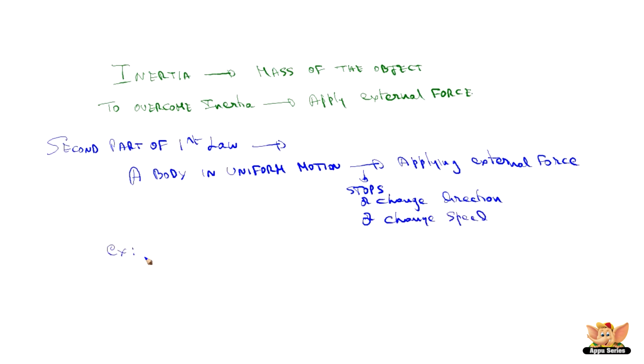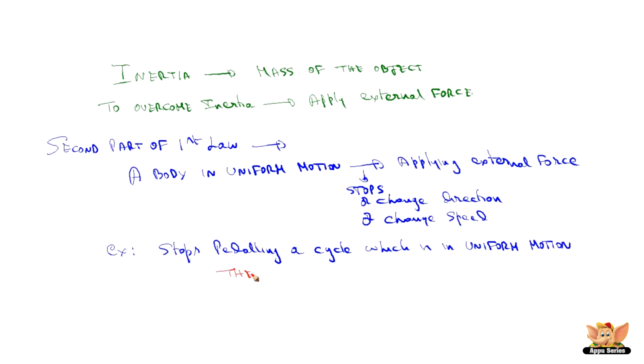See with an example: a cyclist is pedaling a cycle, which is in uniform motion, and he stops pedaling. Then what happens to the cycle? The cycle stops. Why does it stop?